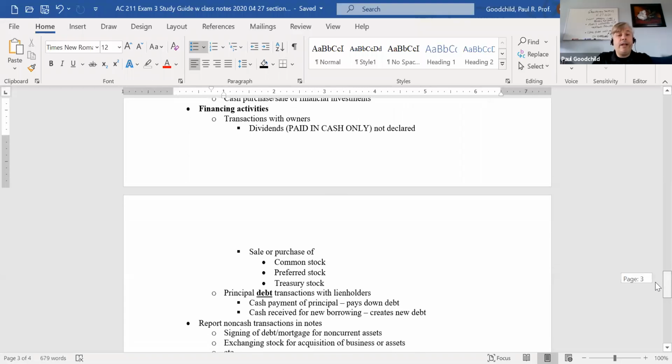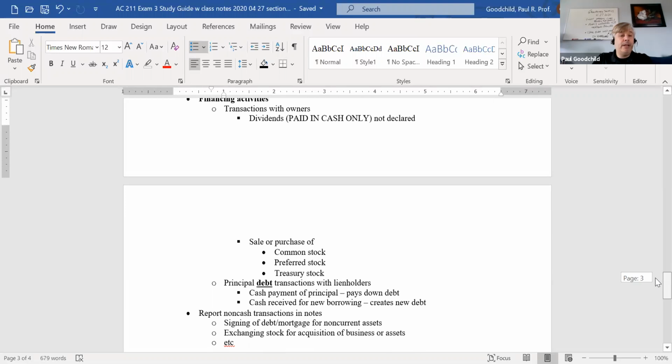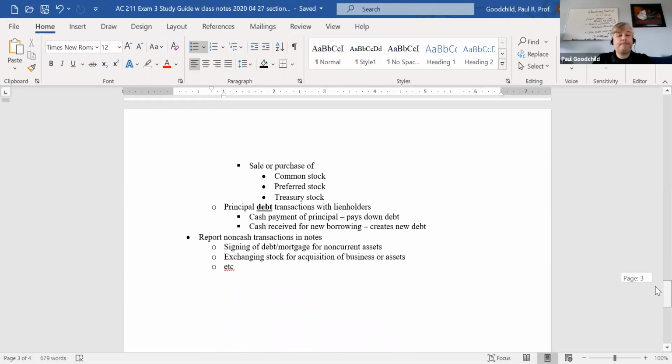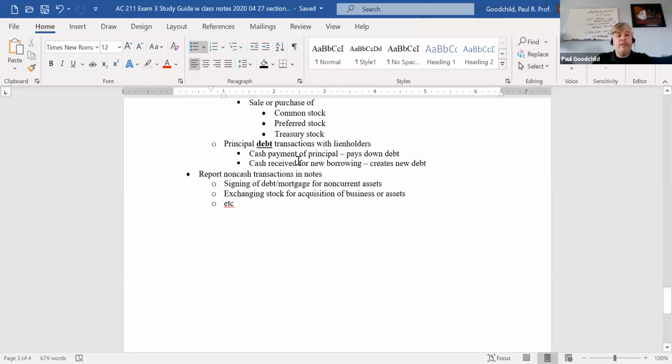And then your financing activities. So these would be transactions with owners. And so dividends are included here, but only if they're paid in cash. Right? Non-cash dividends or dividends that are declared but not paid are not included. You also have the sale or purchase of common stock, treasury stock, preferred stock, and then principal debt transactions with lien holders.